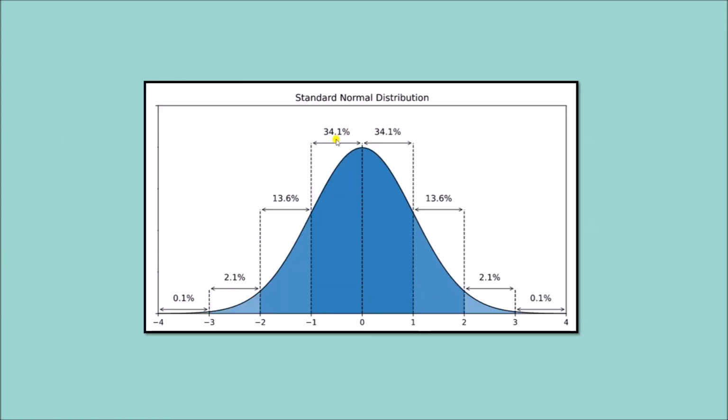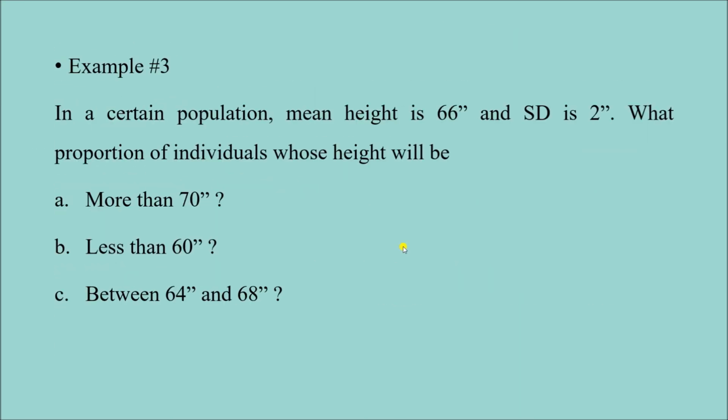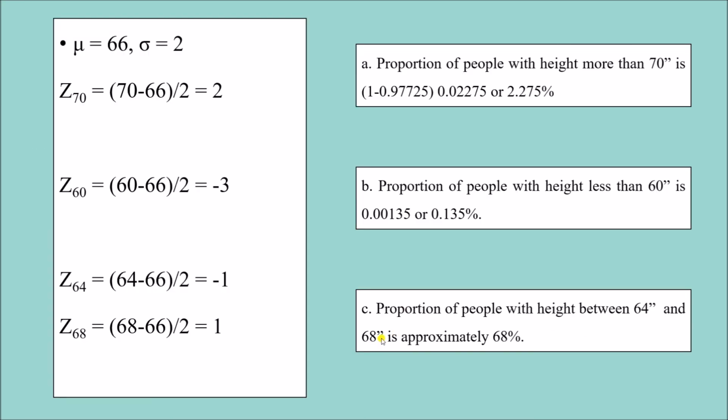If we look at this curve, this is -1, this is +1, and this area is about 68.2%. So approximately 68.2% of the people will have height in between 64 inch and 68 inch. So that is our answer.